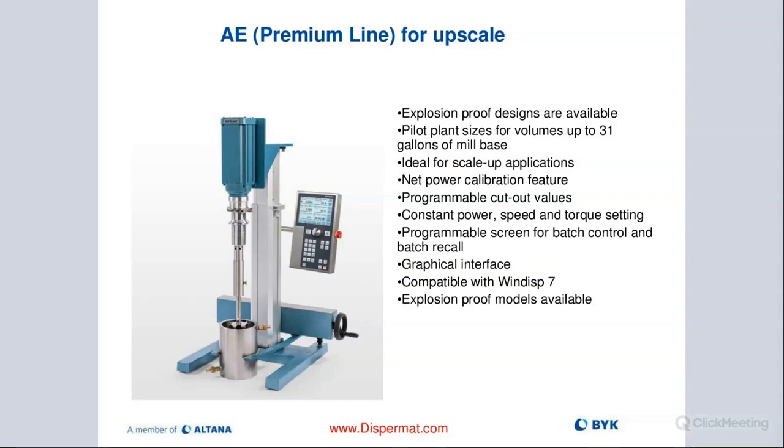Okay. This particular model is the premium model, the AE. Very scalable. We can go from labs to production scale. We have the capability to do the net power calibration feature, basically allowing us to set all the power values and energy values to 0.